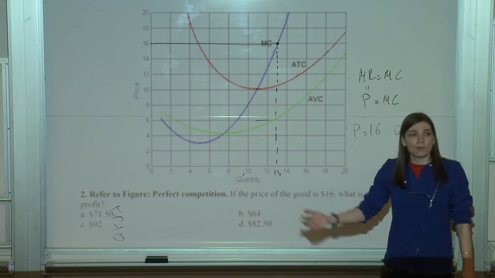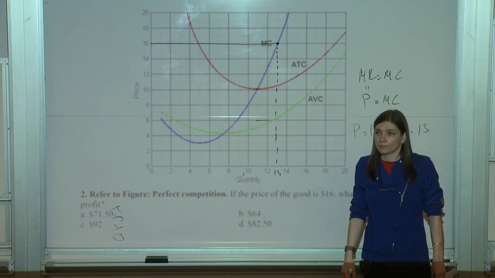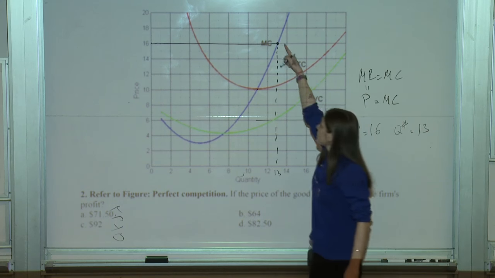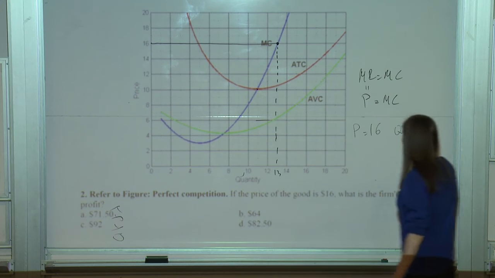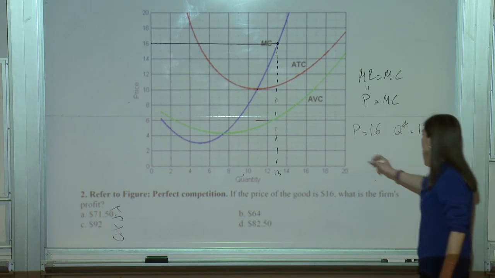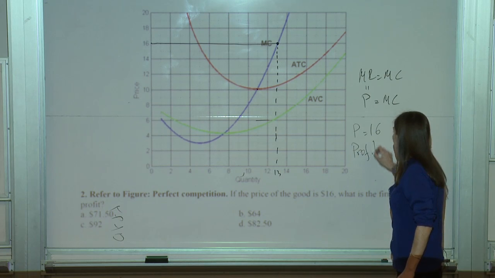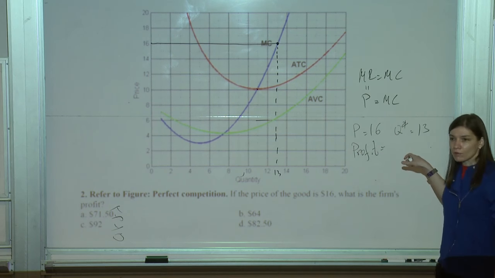Are they experiencing a profit or a loss? A profit, because the price is higher than average total cost here. Now we need to find out what this profit is. The formula for profit is total revenue minus total cost.